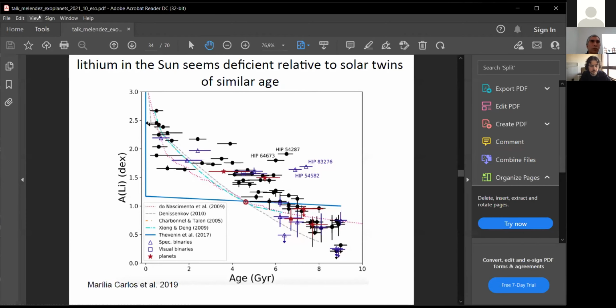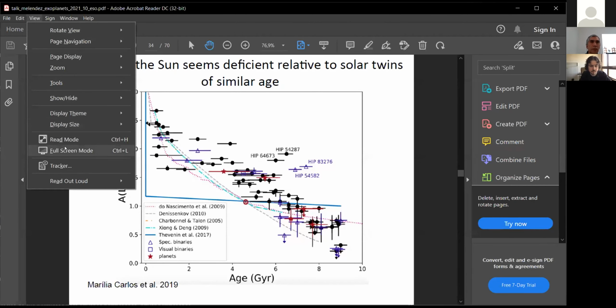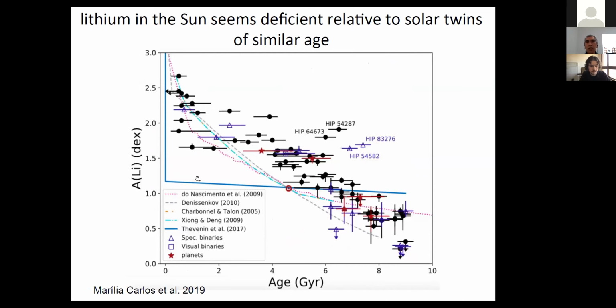Okay, so the solar twins that are over here, typically below about 1.5 gigayears or 2 gigayears, especially below 1 gigayear, are the most active. Then after about 2 gigayears, the activity level is very, very low.